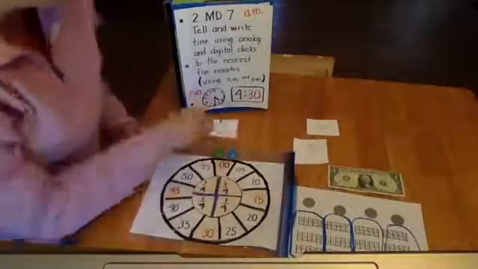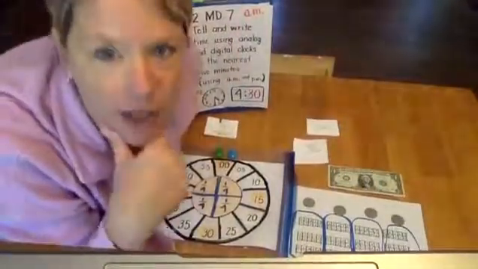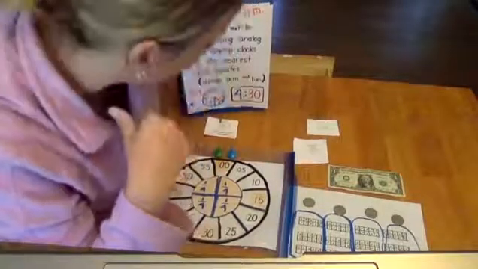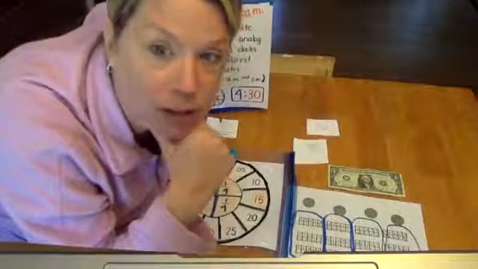Let's play this game like we're going to say whoever gets to 3 hours first wins the game. Maybe I should say 2 hours. Let's go with 2 hours. Whoever gets to 2 hours first wins the game.